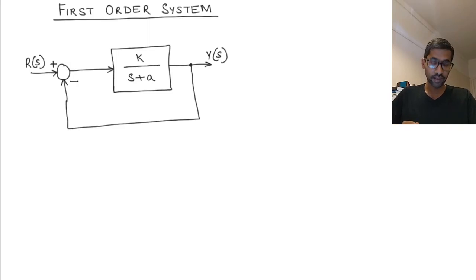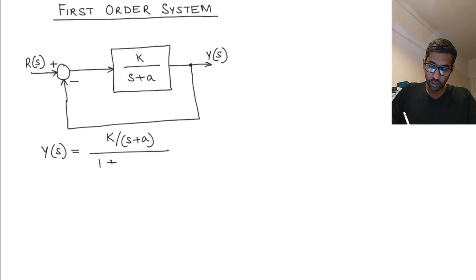To do that, I need to calculate what my output is going to be for this system. So I can write Y(s) equal to K over (s plus a) divided by 1 plus K over (s plus a), times R(s).